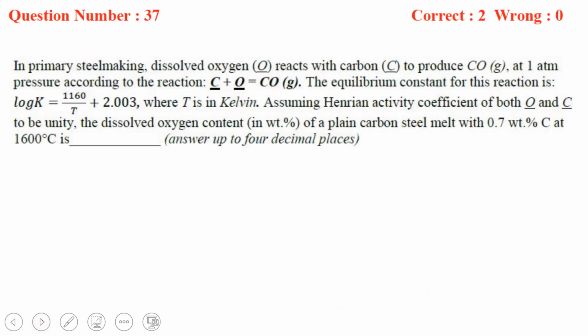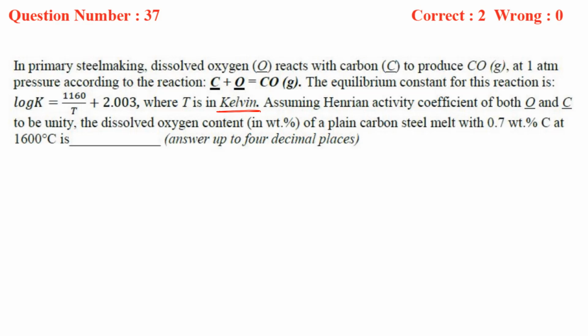Now next question. In primary steel making, dissolved oxygen, that is O, reacts with carbon to produce CO gas at 1 atm pressure. According to the reaction, C plus O is equal to CO. The equilibrium constant for this reaction is log K is equal to 1160 by T plus 2.003, where T is in Kelvin, right? So remember T is in Kelvin.